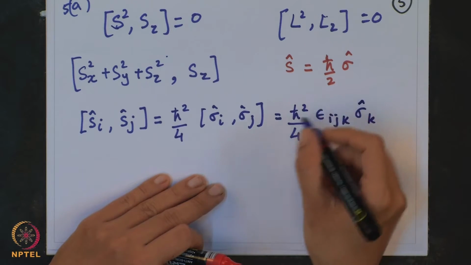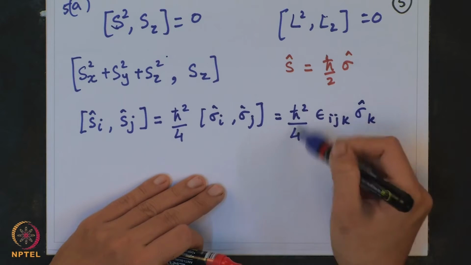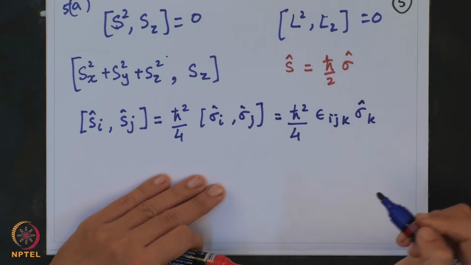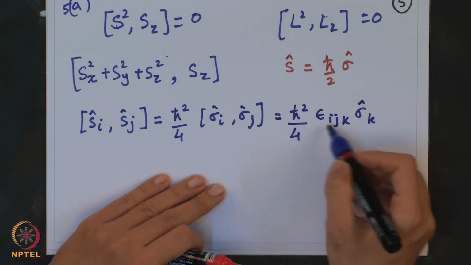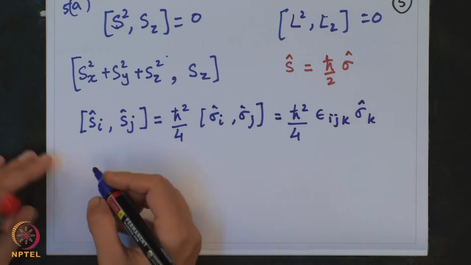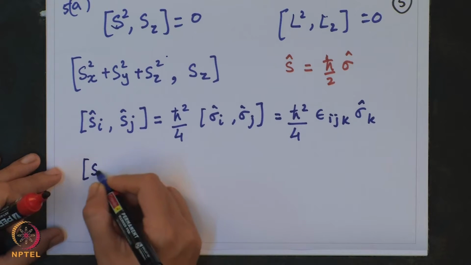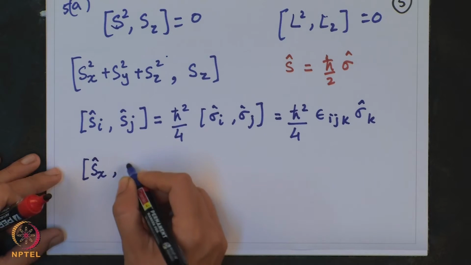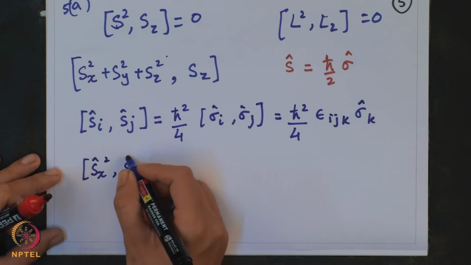When i and j are equal, this will be 0. You all know this tensorial notation. With the help of this, you can actually calculate S square Sz.